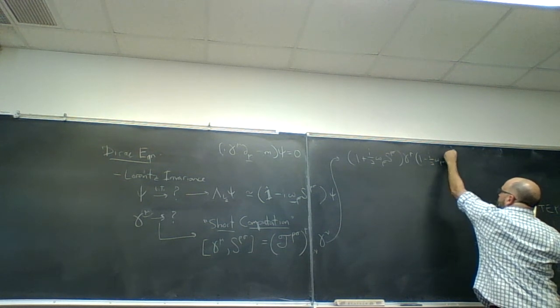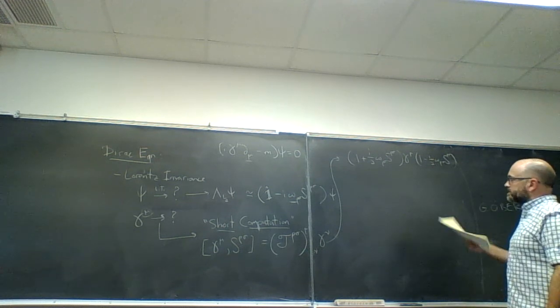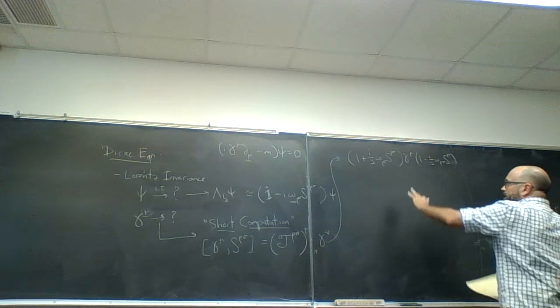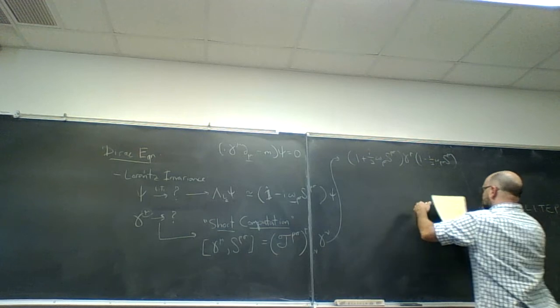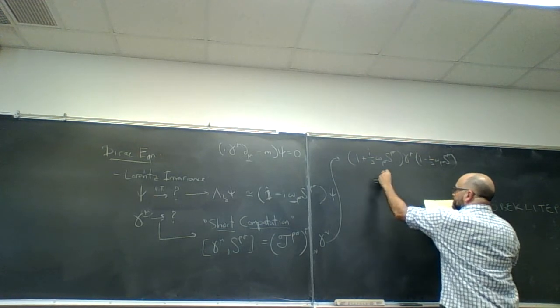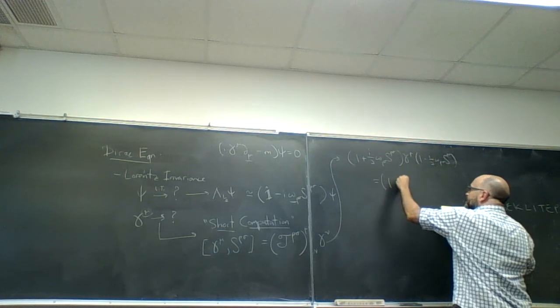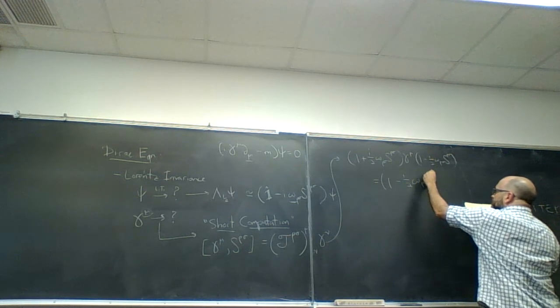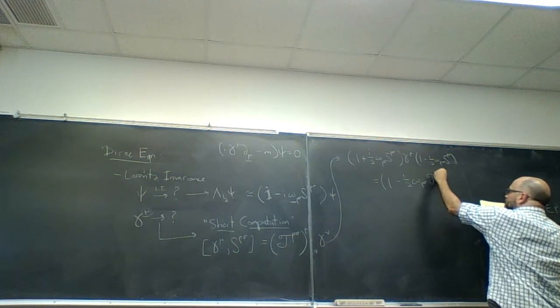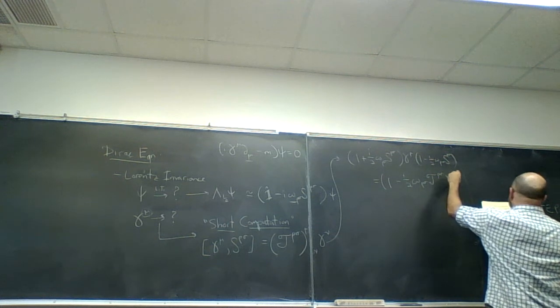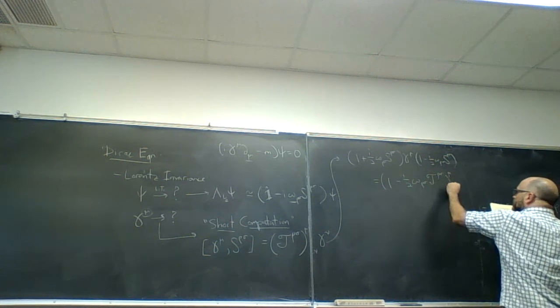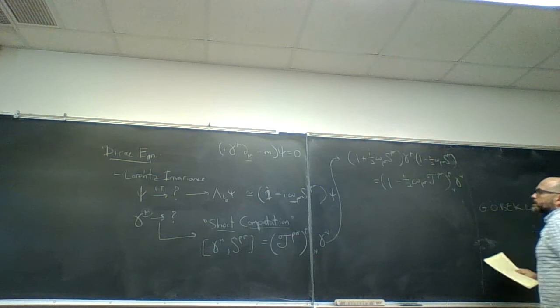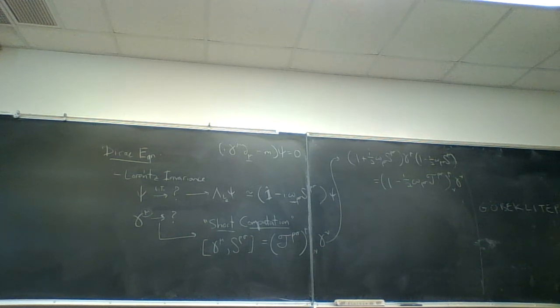Again, this is, like I said, just adding and subtracting ones and multiplying through. Okay? So it's another short computation. And you get something that looks like this. Okay. But what is this thing?